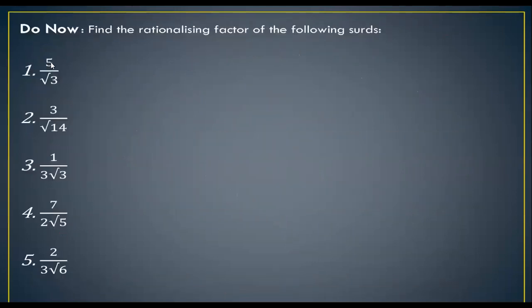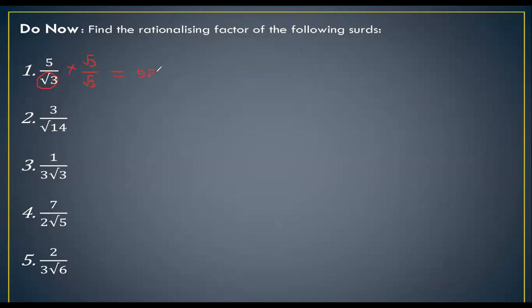Very simple. Here root 5 by root 3 is there. So what we will do is multiply numerator and denominator by the same number, root 3 by root 3. So what is the answer now? 5 into root 3, 5 root 3, no problem.